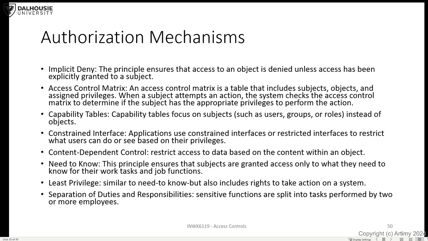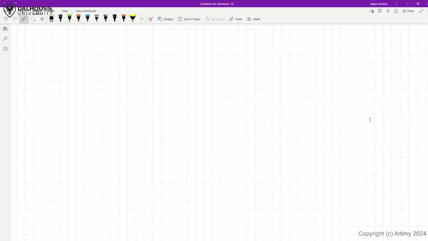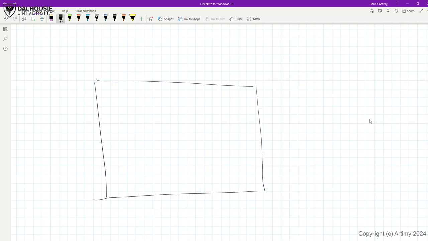Something we see all the time, constrained interface, right? So imagine an accounting application, right? Something that accountants use to a database for employees and their salaries and paychecks and all of that. The application itself may represent its interface differently to different users.